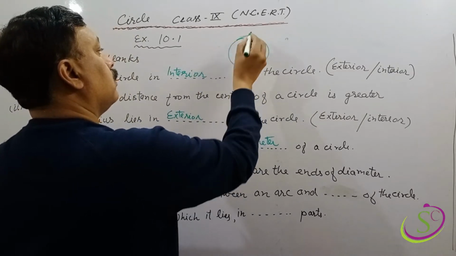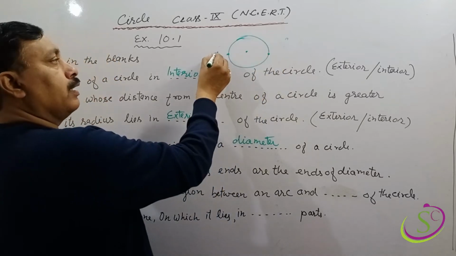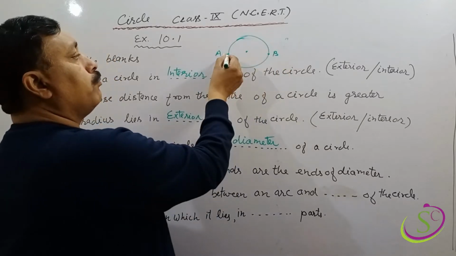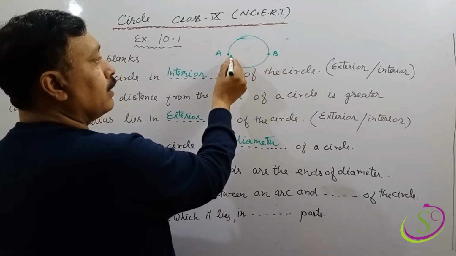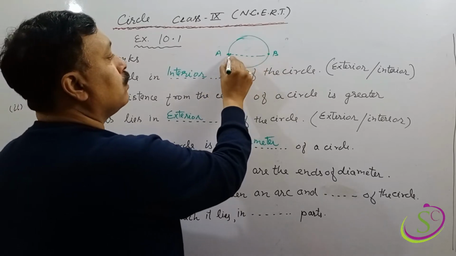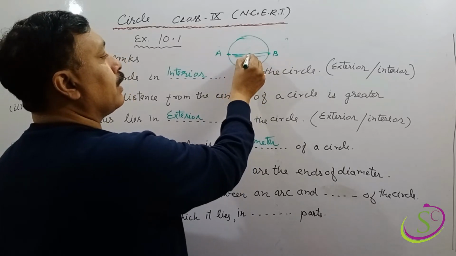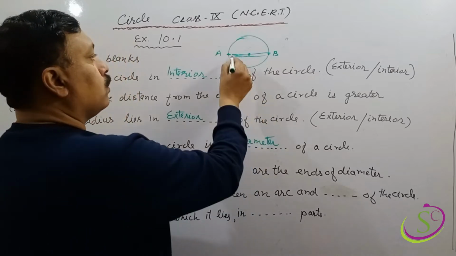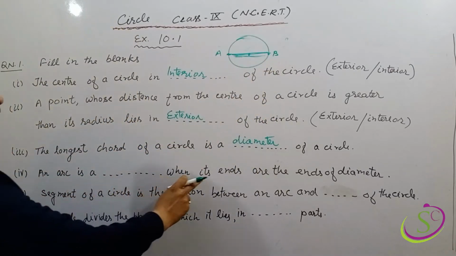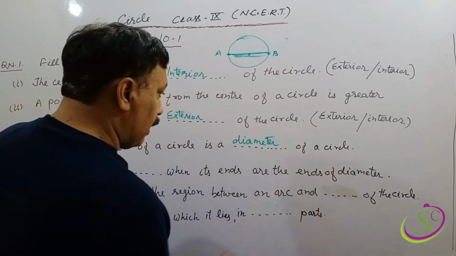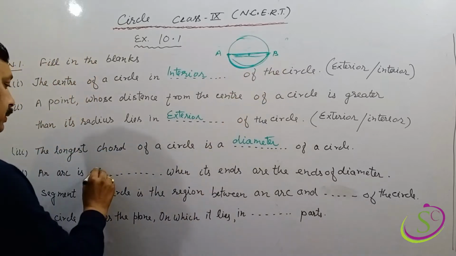The ends of this arc, point A and P, are the ends of the arc, and the line segment joining these two points is the diameter passing through the center. So it says an arc is a blank when its ends are the ends of the diameter. So this arc is known as the semicircle.